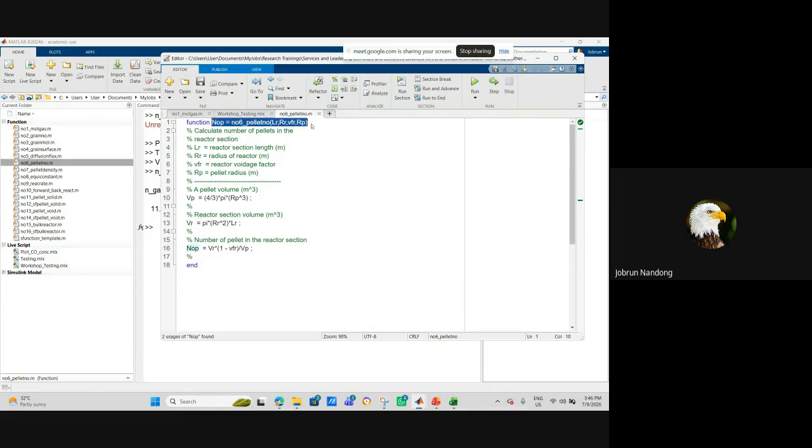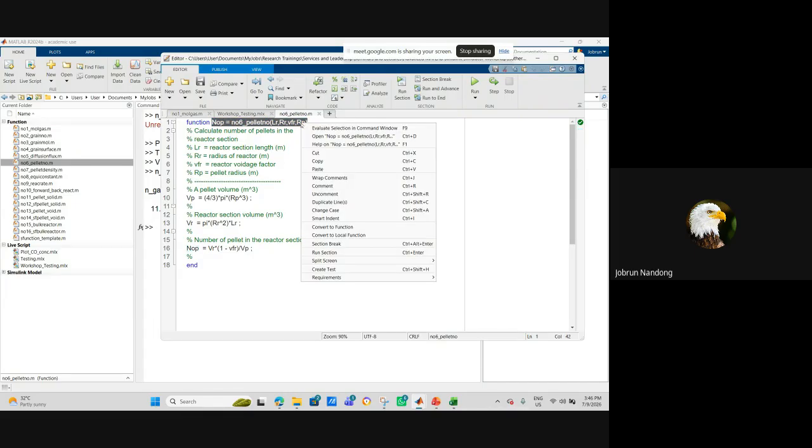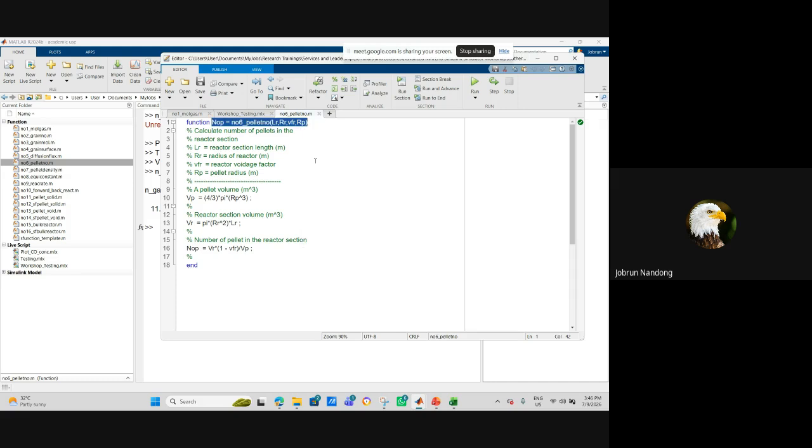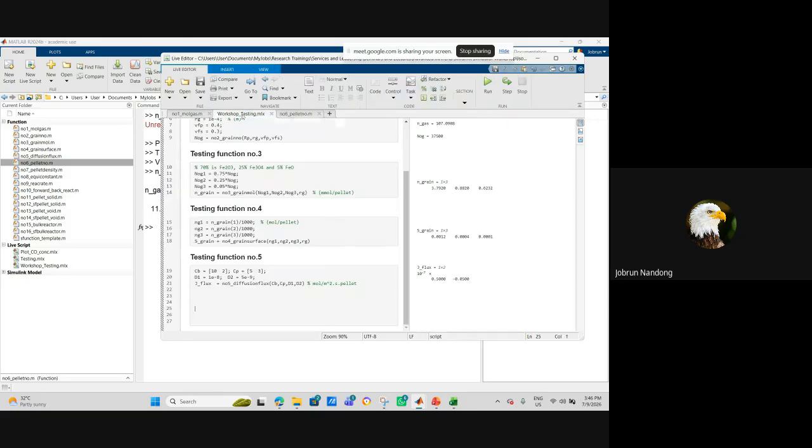Function number 6 is here. Test this one, insert text.